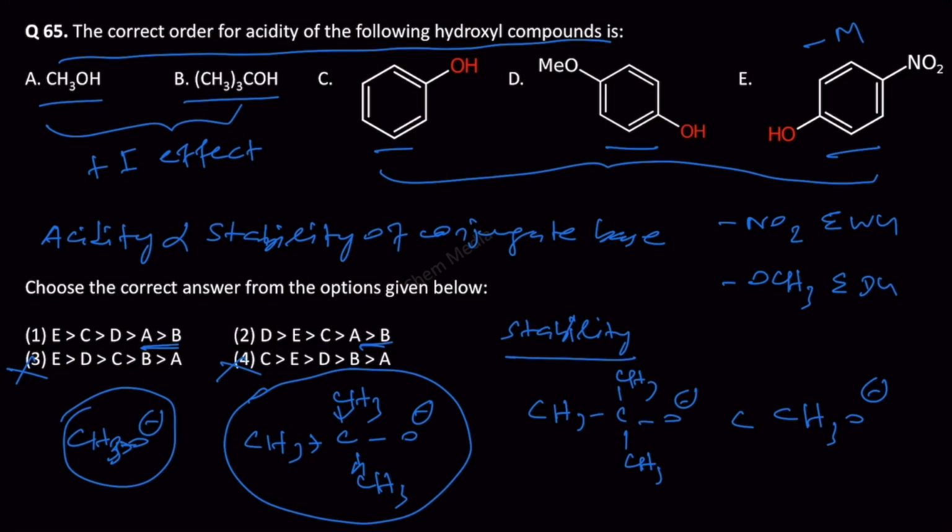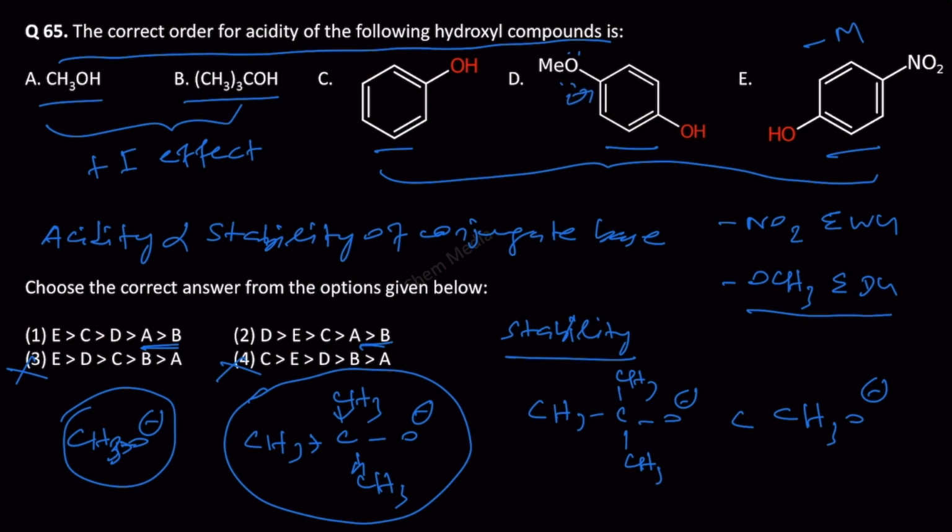And when it comes to phenol and phenol derivatives, because electron donating group is there, the corresponding conjugate base will be less stable, because if we want to increase the acidity, we basically have to pull the electrons away, whereas in this case we have lone pair here.